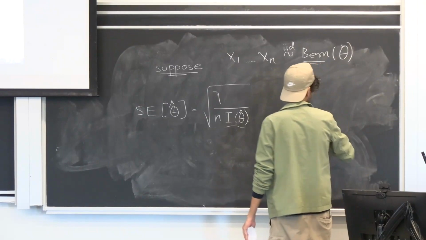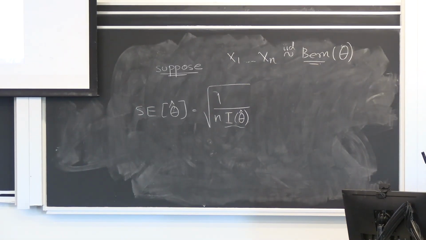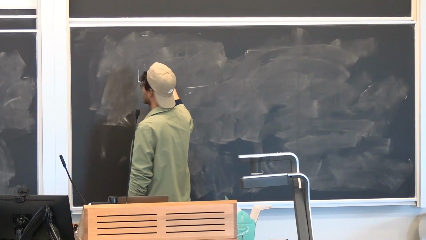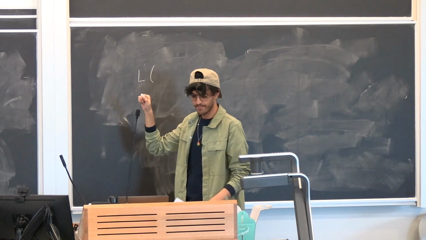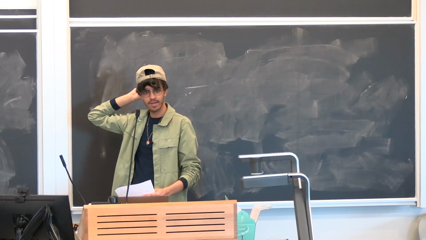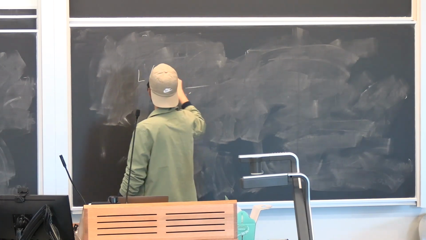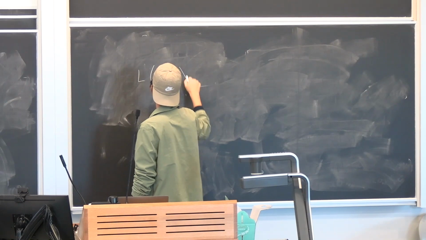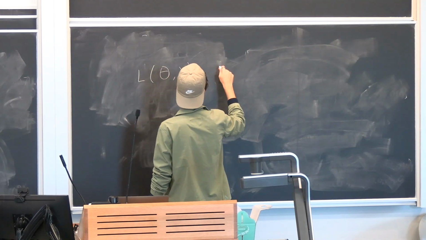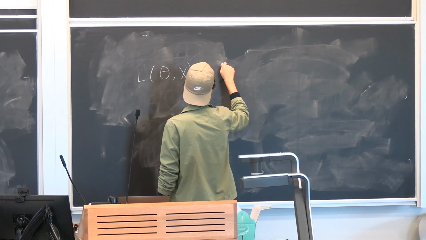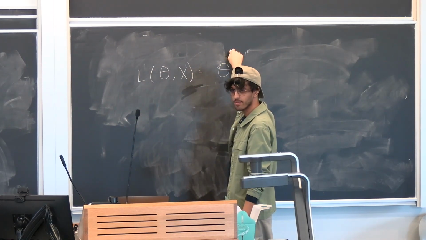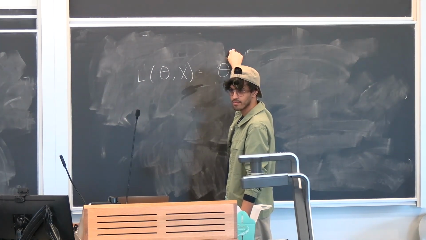For a particular xi, when you write your likelihood, is it theta given x or x given theta? I believe it's x given theta, right? I'm just going to use theta comma x. You can fill it out later. I keep forgetting. It should be theta to the power x times 1 minus theta to the power 1 minus x, right? Something like that.